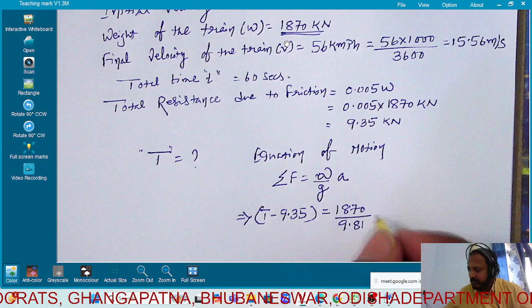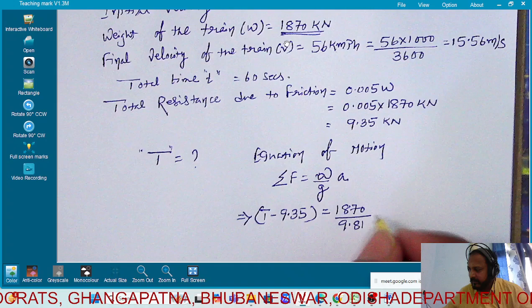What is the value? 0.25 and the next value is 9, so I'll take 0.26, rounding it up.